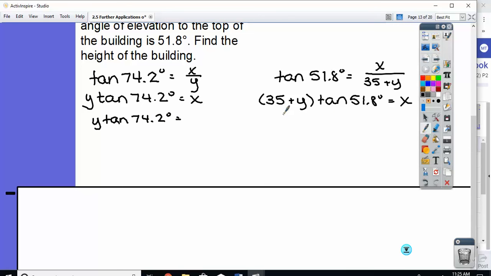Can I go ahead and distribute this tangent if I do that? Okay, what do I do? Keep the y's on the same side.